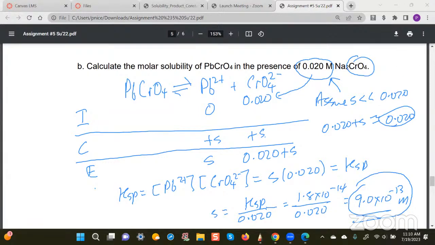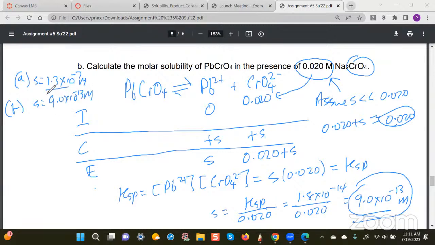And what was the solubility that we calculated from the A part? 1.3 times 10 to the minus 7, right? So for A, the solubility was equal to 1.3 times 10 to the minus 7 M. For B, the solubility was 9.0 times 10 to the minus 13 M, right?